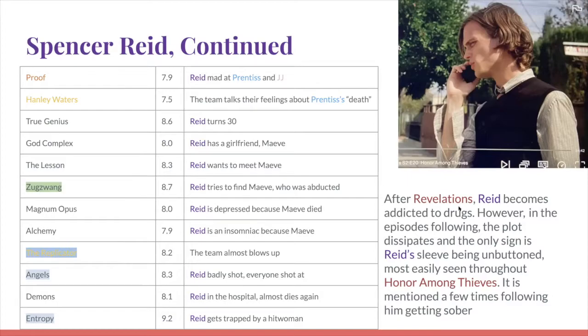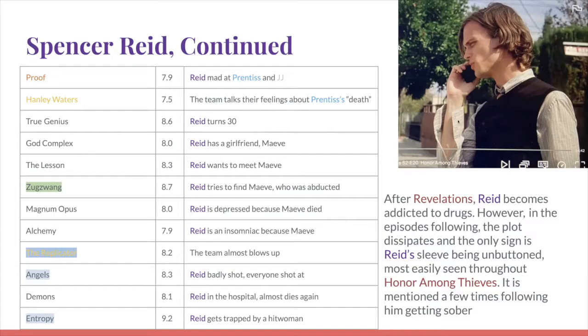In the episodes following, the only real sign that he's doing drugs is that Reid's sleeve is unbuttoned, and it's mostly seen throughout Honor Among Thieves, which is where this screenshot is from. You can't see his other arm in this photo, but his other arm had a watch on it, so it wasn't unbuttoned. It's mentioned a few times after he gets sober, but otherwise, Reid doing drugs kind of got dropped.